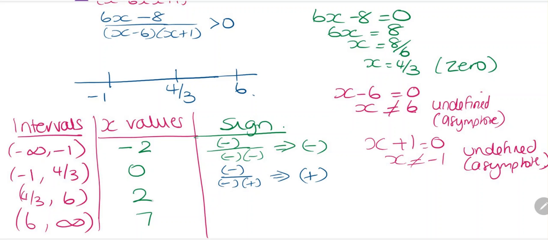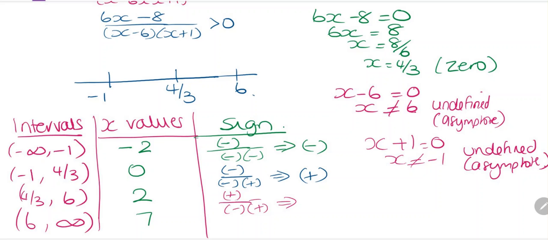If we substitute in 2, so 6 times 2 is 12, 12 minus 8, so this is going to be positive. And if we substitute 2, we'll have 2 minus 6 is going to be negative. And then if we substitute 2 into x plus 1, this is going to be positive.